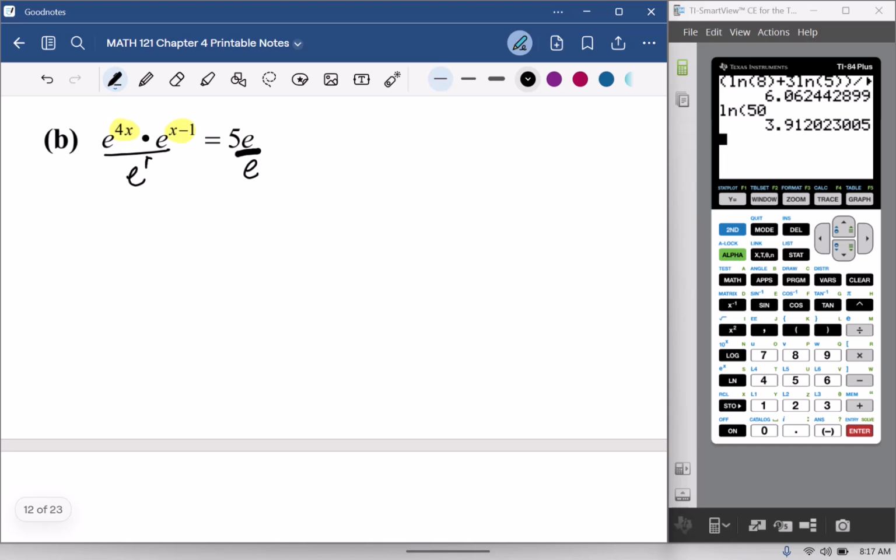So that's e to the 4x plus x minus 1 minus 1, because that one's divide, so that's minus. That's from previous math class. I'm not sure that we did exponent rules in this class. So then you combine like terms. So we got e to the 5x minus 2 equals 5.